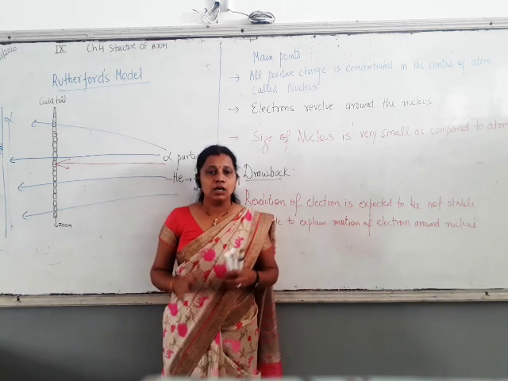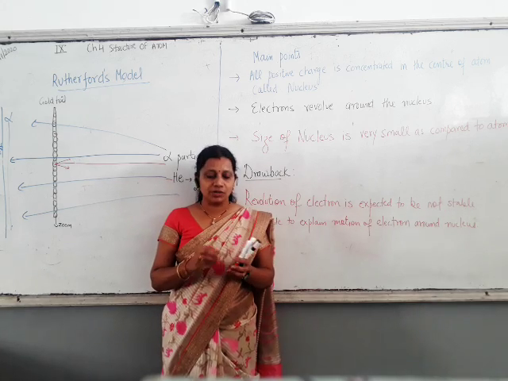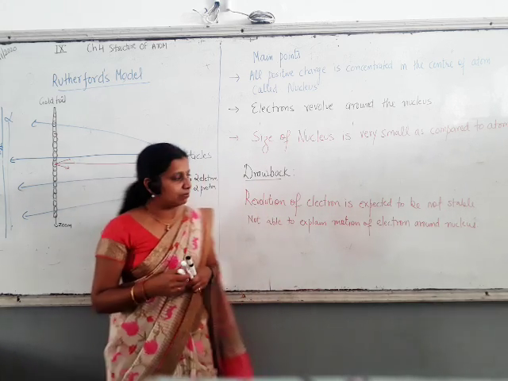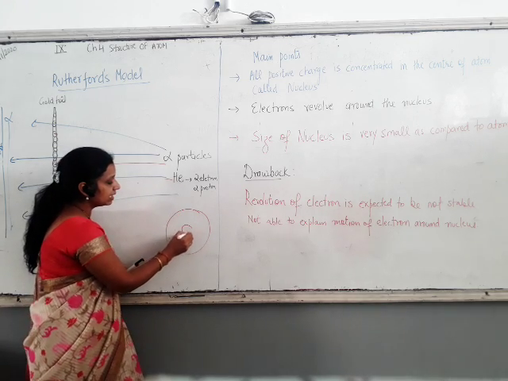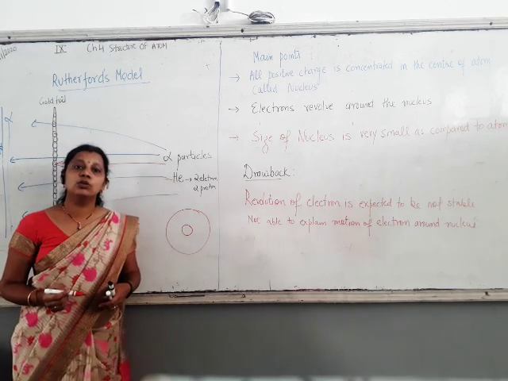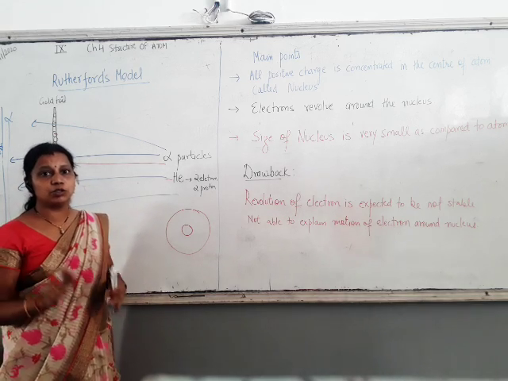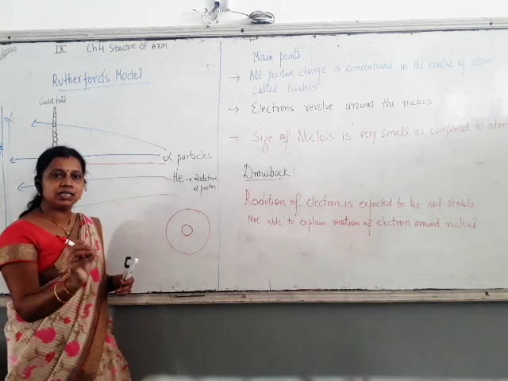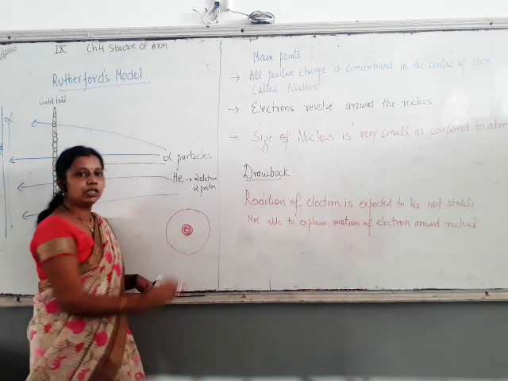What he said is, most of the positive part in the atom is concentrated in the center. That means if this is your atom, then most of the positive part is here in the center. He named this the nucleus. And because protons are much heavier as compared to electrons, most of the mass of the atom is concentrated here in the center, the nucleus part.